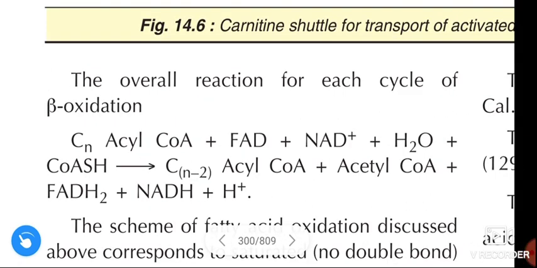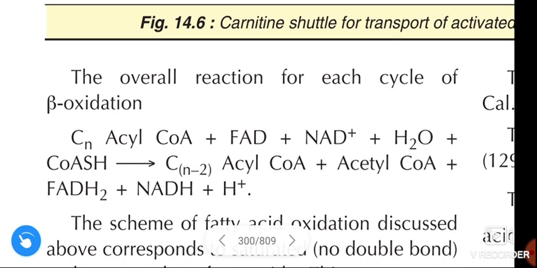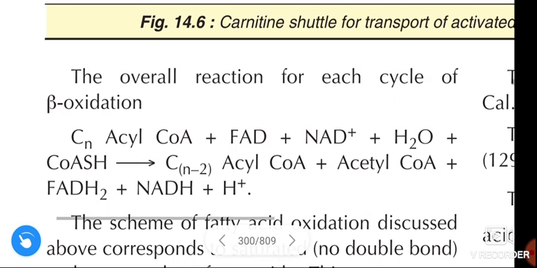Before going to the oxidation of palmitoyl-CoA, see this reaction. This is the overall reaction for each cycle of beta oxidation. For each cycle, first see the reaction.